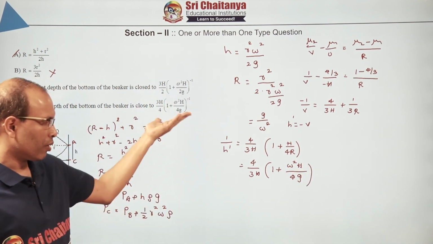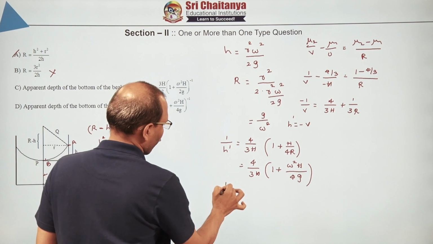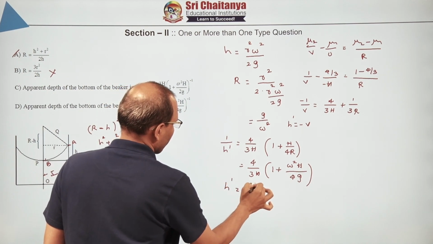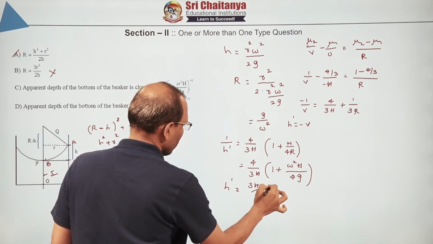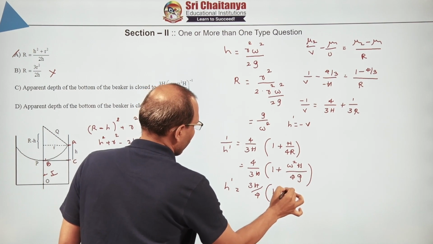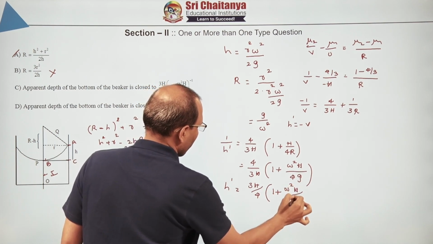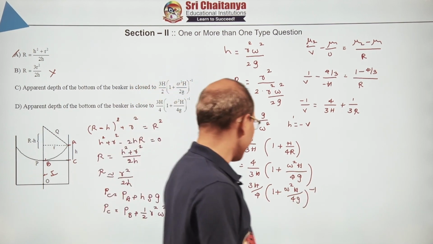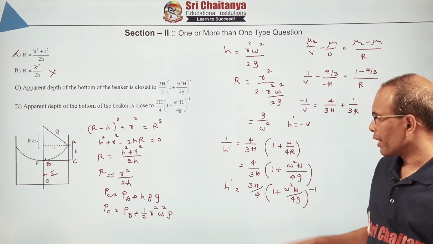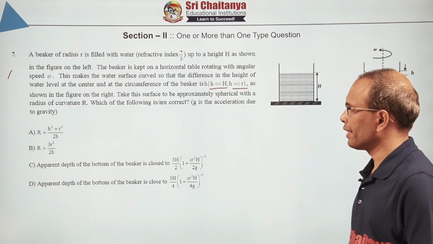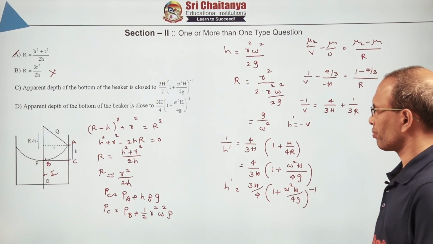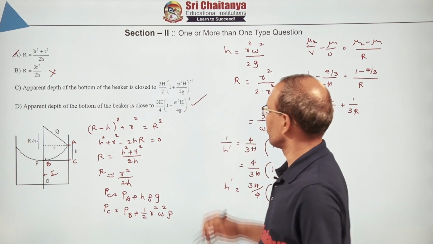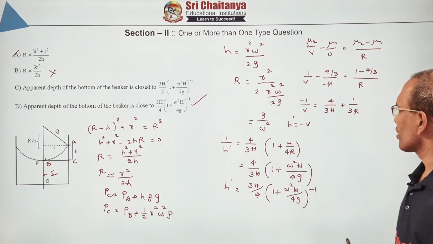Now H dash will be simply 3H by 4 into 1 plus omega square H by 4G whole power minus 1. This is H dash. So for the apparent depth formula, option D is coming out to be correct. This one is correct. This is question number 7.